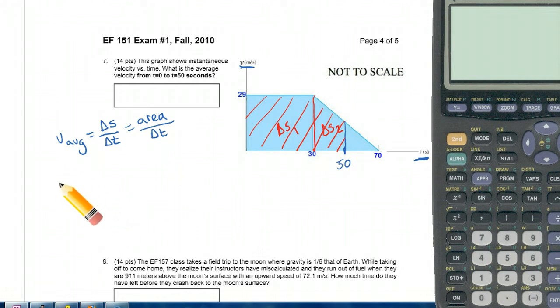Alright, so delta S1. It's always good to get the right color. It's always good to label things so we can follow your work. Delta S1 is going to be 29 meters per second times 30 seconds.